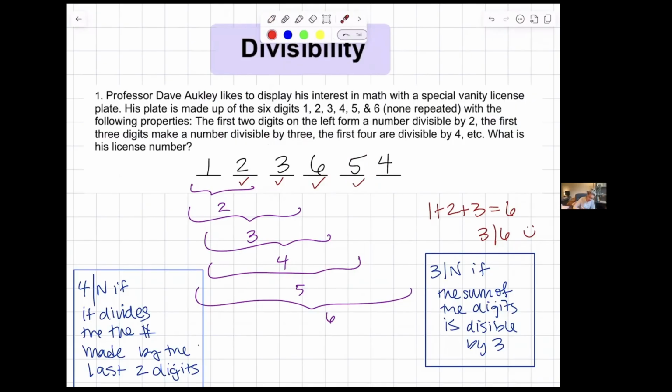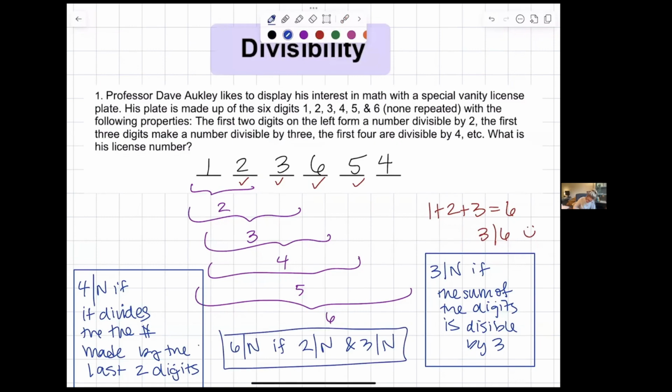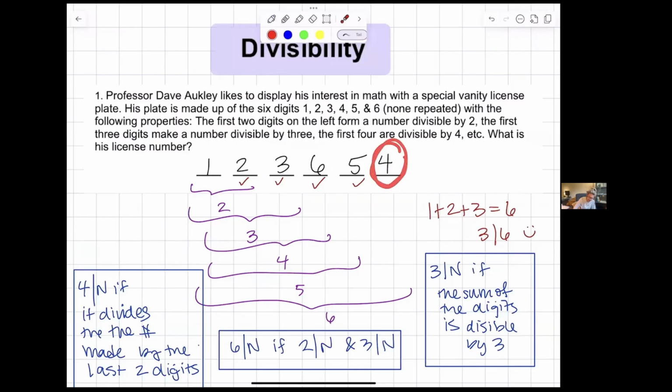The last thing we need is that the whole number is divisible by 6. In order to be divisible by 6, 6 divides a number if 2 divides the number and 3 divides the number, right? Both of those things happen. Well, 2 definitely divides the number because this thing is even.